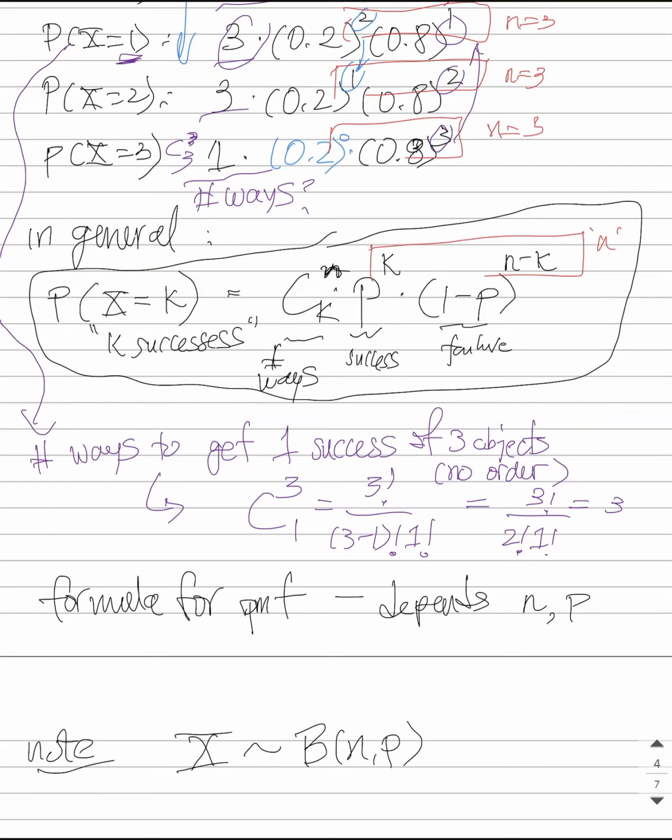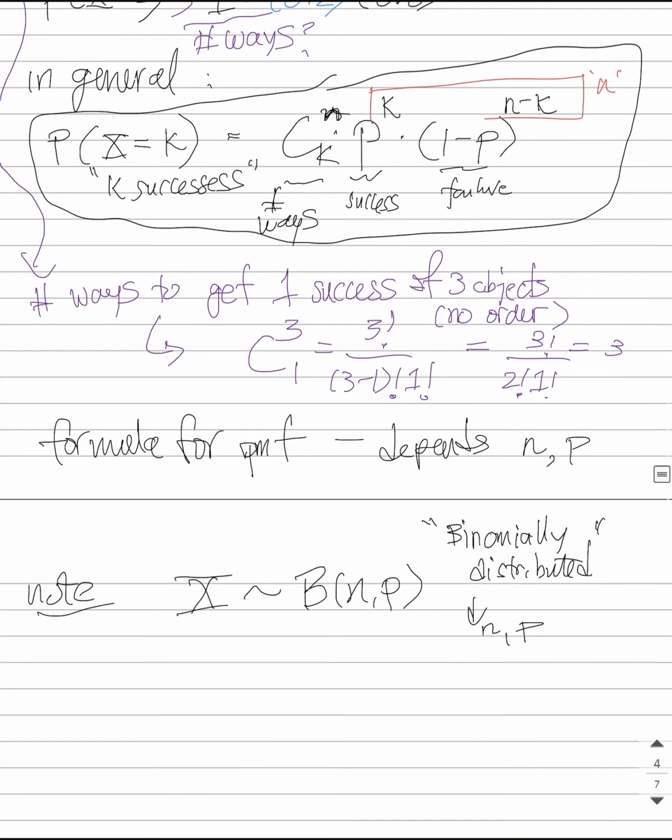And we'll say that x is binomially distributed. That's what this notation is going to stand for. The parameters here are n and p, where n is always understood to mean the number of trials and p is always understood to be the probability of success.